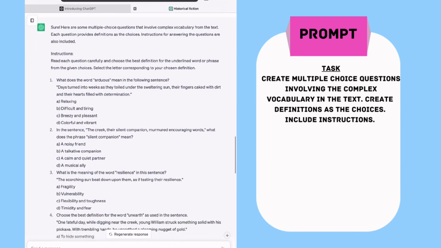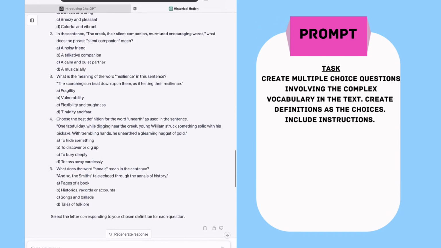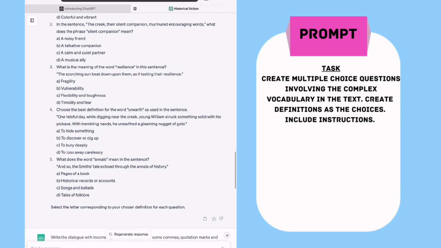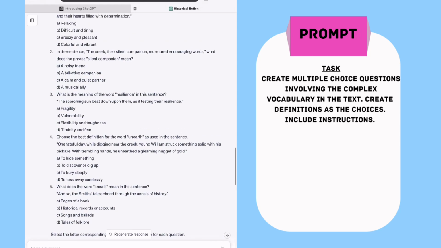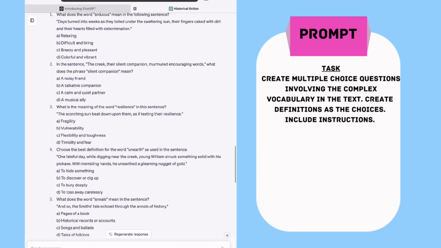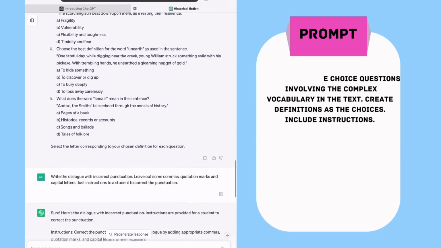Now it's given me 5 different multiple choice questions and answers. One of them I didn't completely agree with the question that it made up, but overall I was quite happy with the questions that it came up with, and I think that can be a really good quick activity for students to have a look at to help them with their vocabulary.